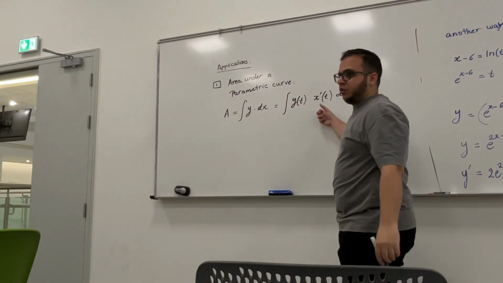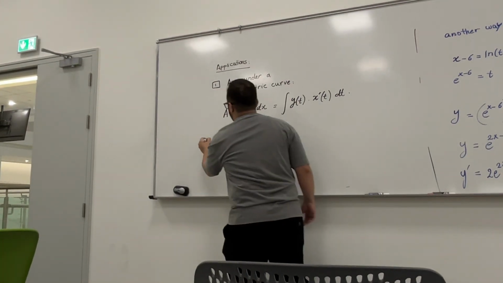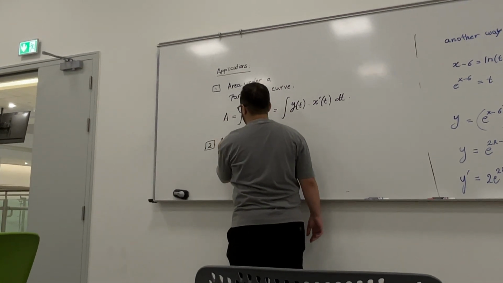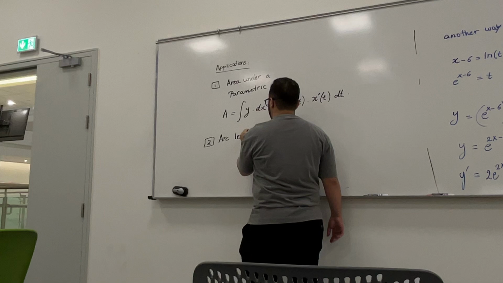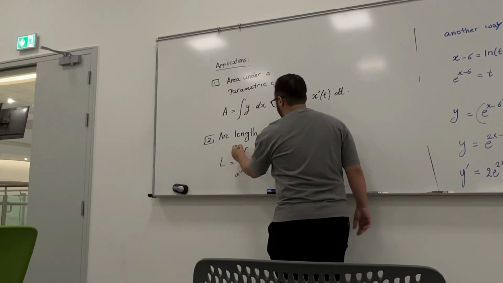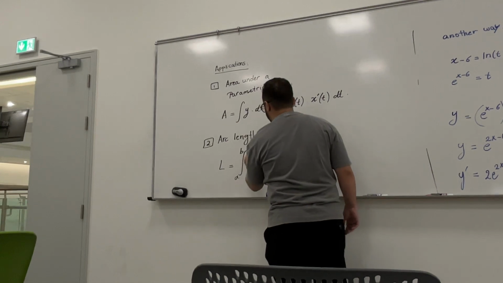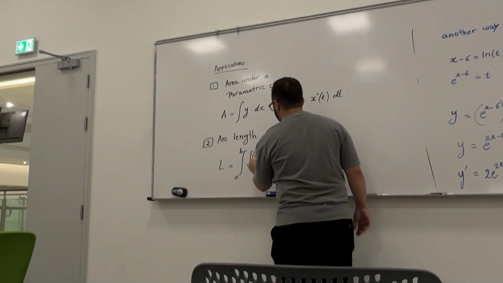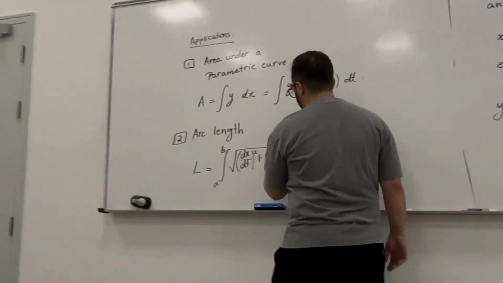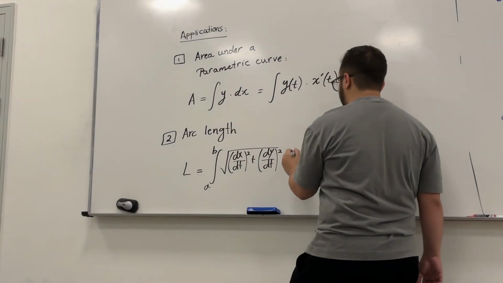This is what I need you to do. Second application is arc length: L equals integration from a to b of the square root of (dx/dt) squared plus (dy/dt) squared, dt.